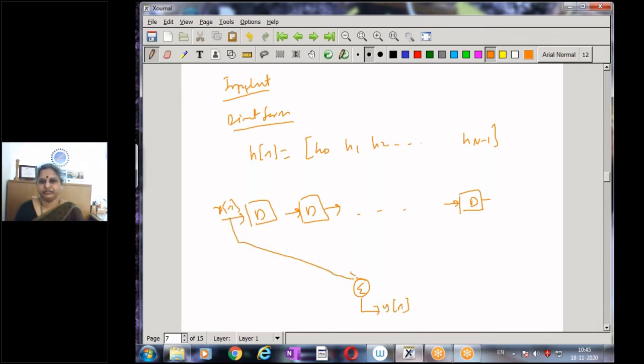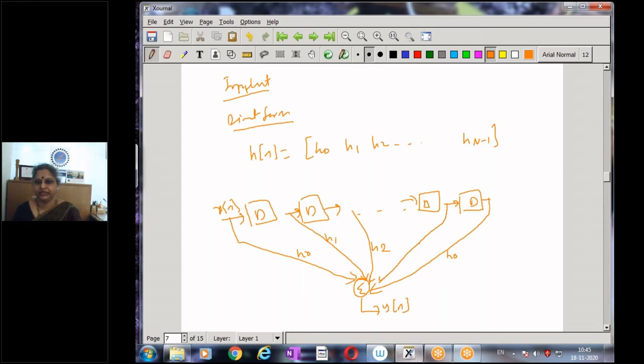So I multiply the first value by h of 0, this by h1, this by h2, and the last value, because of the symmetry, is also going to be h of 0, and the one before it will also be h1, and so on, because of the symmetry in the coefficients.